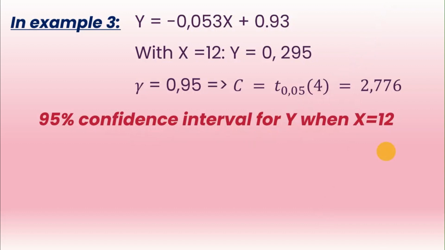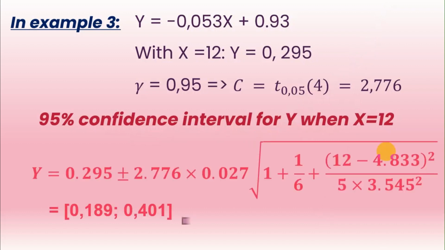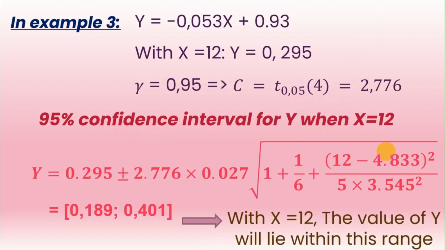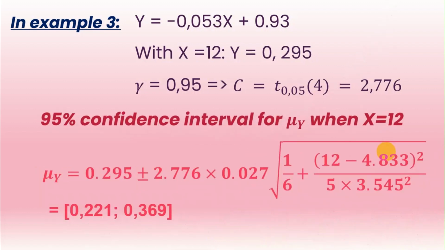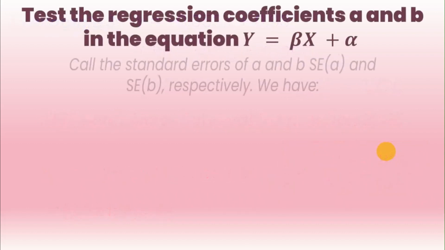You can see the 95% confidence interval for y when x is equal 12. Solution: with x equal 12, the value of y will lie within this range. And the 95% confidence interval for mu y when x is equal 12.